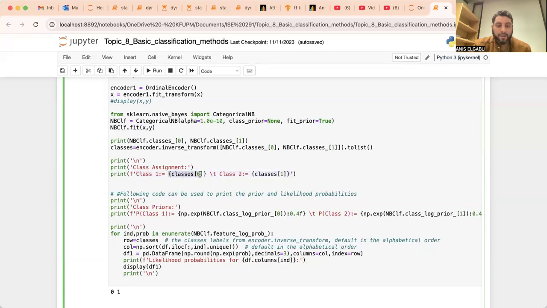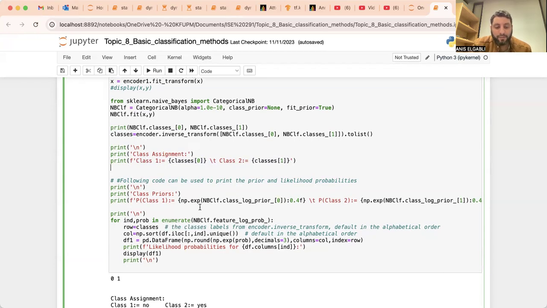Whatever is inside curly brackets here is taken as a Python expression because of the f we pass here, okay? If you want to print out the probabilities, then we need to access this property in the classifier object, the class log prior, because the classifier saves the log prior, the log probability, not the probability.